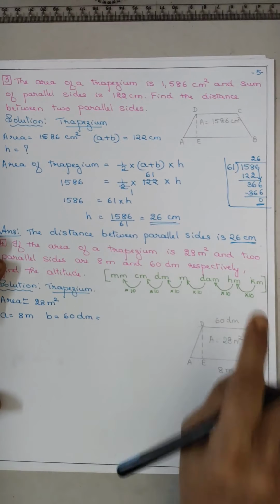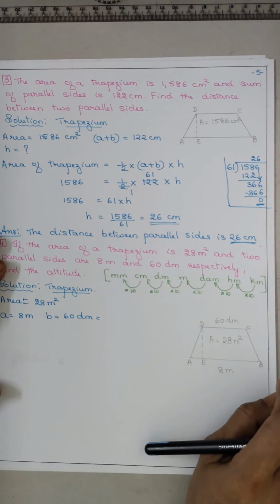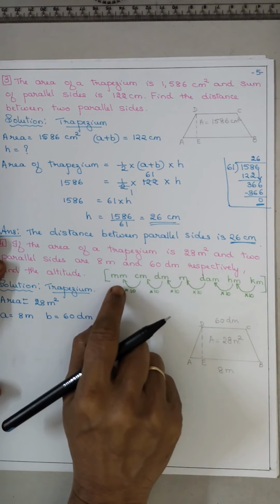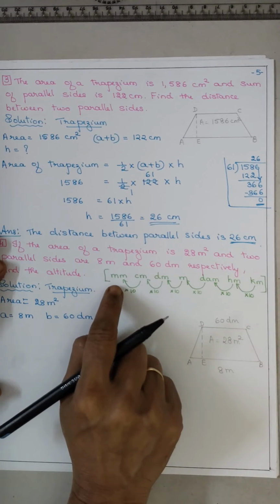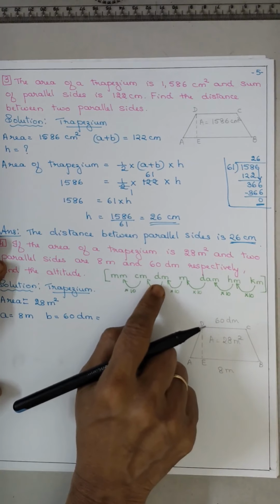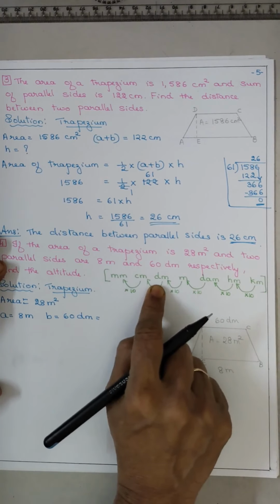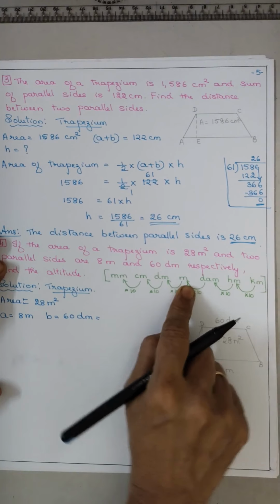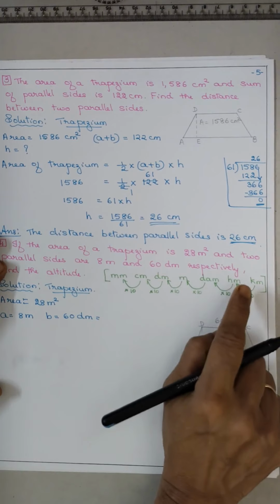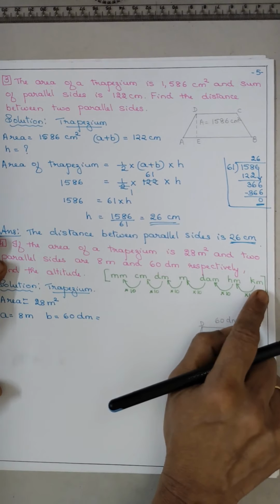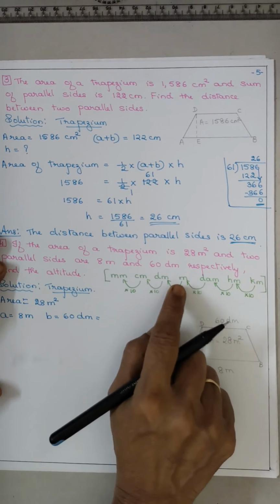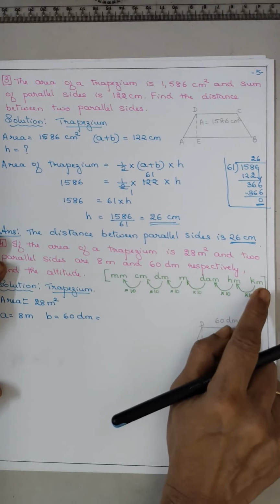What is the relation between the different units? First you understand, the smallest in length is millimeter, next is centimeter, next is decimeter, that is dm, then meter, then decameter, DAM, hectometer and kilometer.